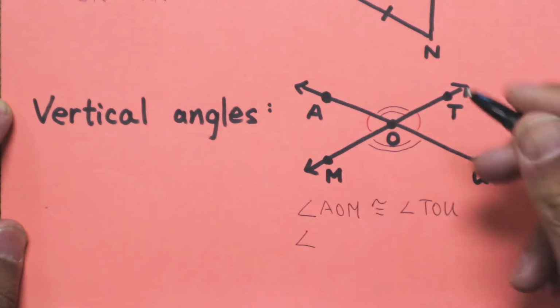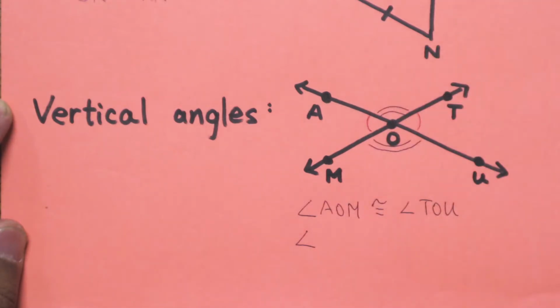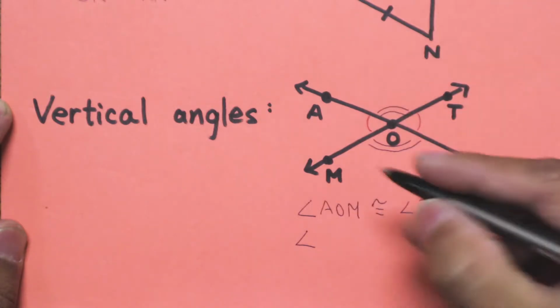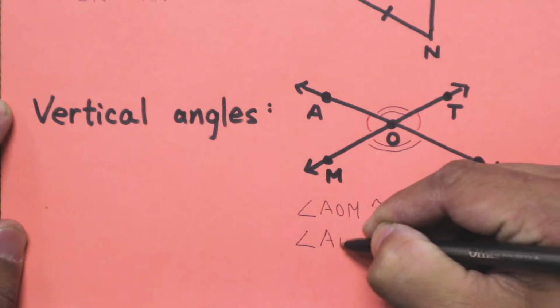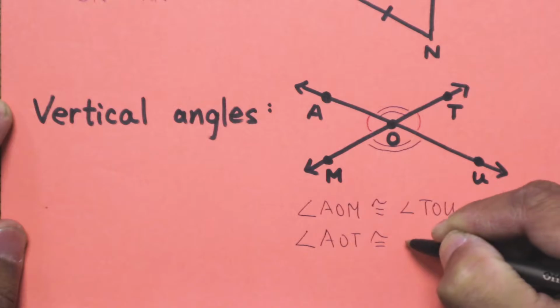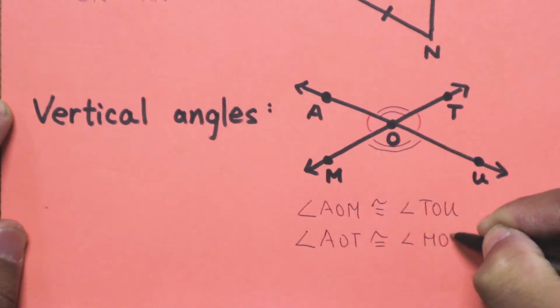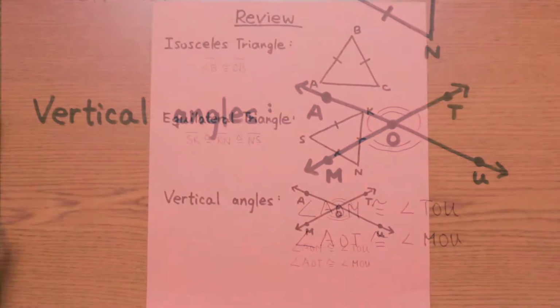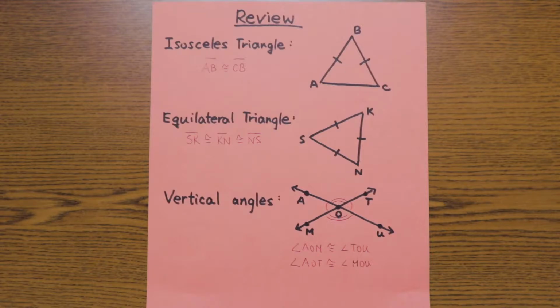So another way for you to write a pair of vertical angles being congruent in this diagram will be angle AOT is congruent to angle MOU. So that's all the review with isosceles triangle, equilateral triangle, and vertical angles. And now we're moving on to the lesson.